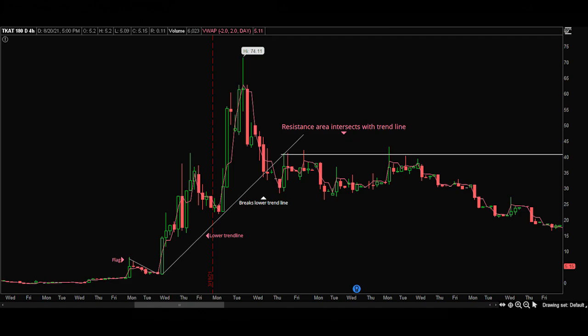Trend lines, anytime that you're breaking below a trend line, that's really when, if you were long here and it pulled back to and bounced from the trend line, but here it broke below it, you really don't want to be holding something after it breaks trend.